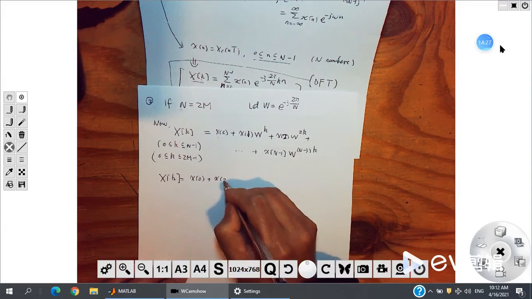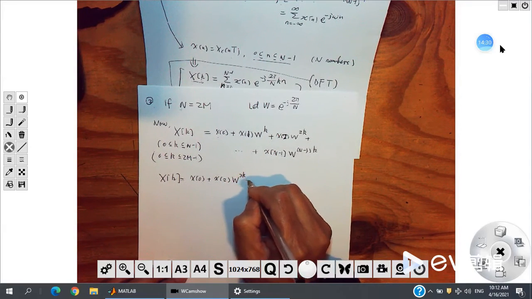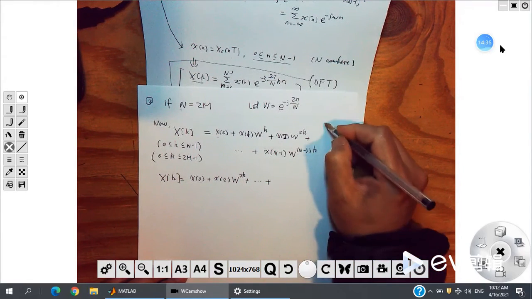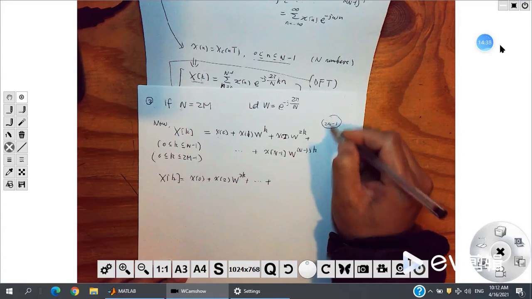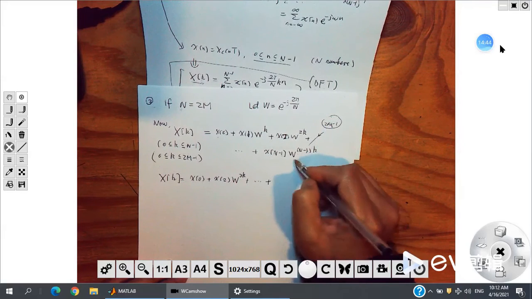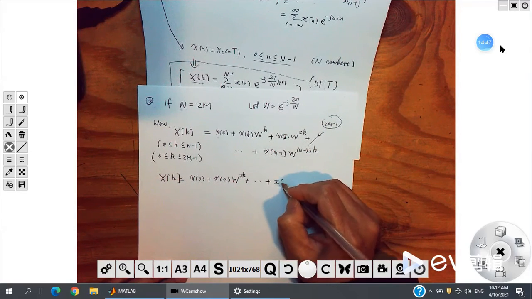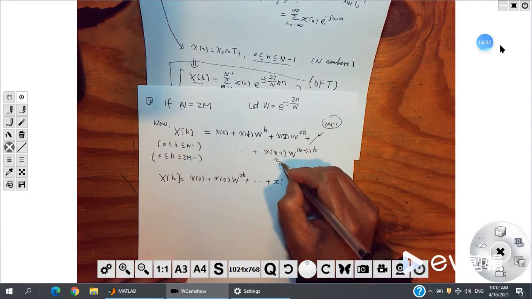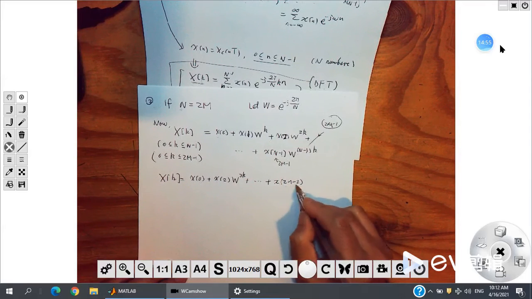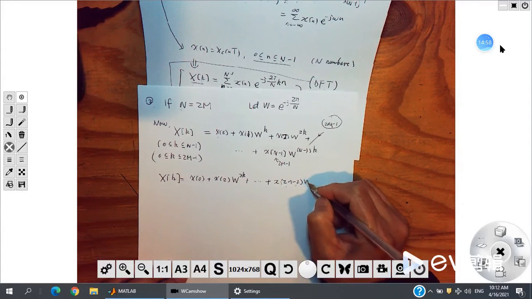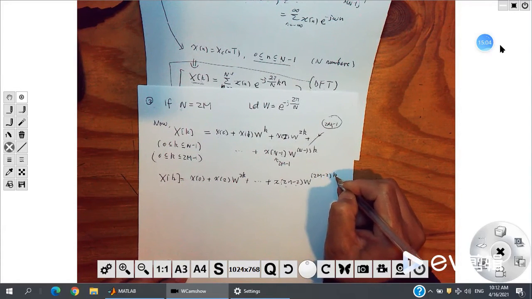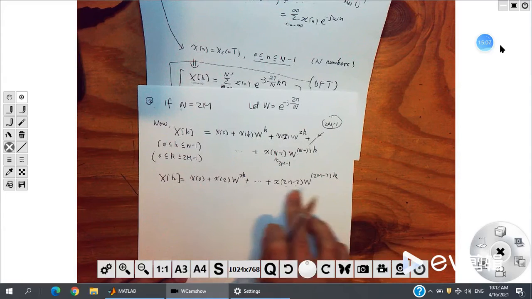This is x2, w to the 2k, plus until 2m minus 2, which is an even number, with w to the 2m minus 2 times k. Those are all the even terms.